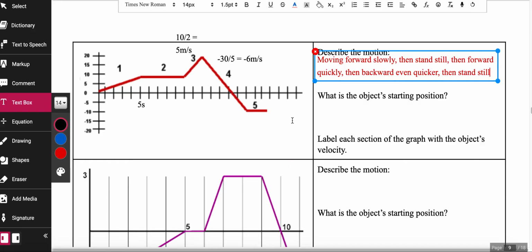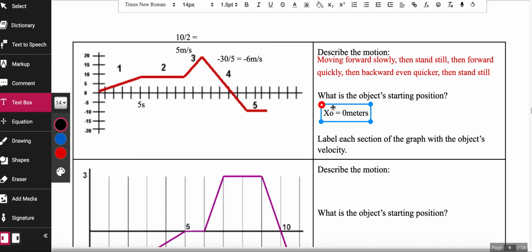Okay. So our starting position, our x0, and this is just our y-intercept over here, is just 0 meters. Okay, and then if I'm looking at number 1, I have a rise from 0 to 10, so I have a rise of 10 meters.